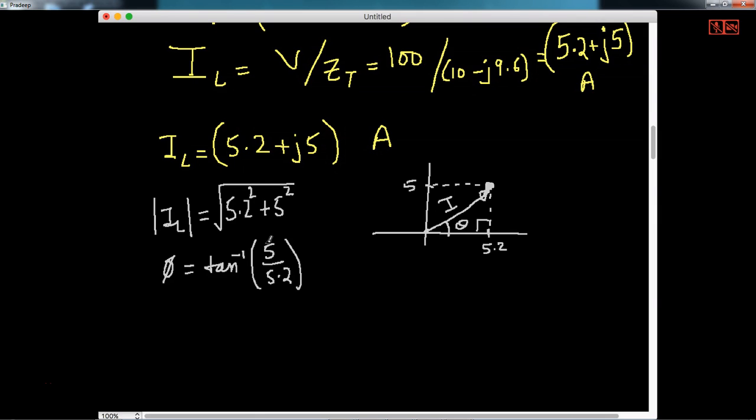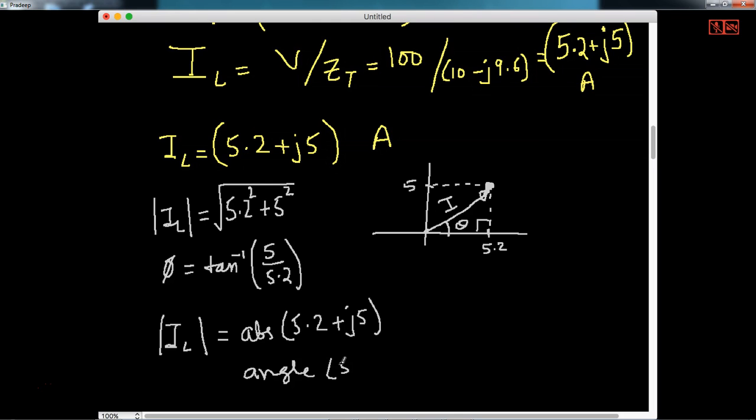But there is a direct shortcut method of converting a rectangular number to a polar number in MATLAB. What is the command? Simply, the magnitude of I is the absolute value of 5.2 plus j5. This will give me the absolute value, and then I get the angle simply by a function called angle of 5.2 plus j5.